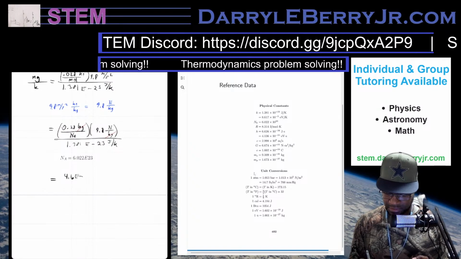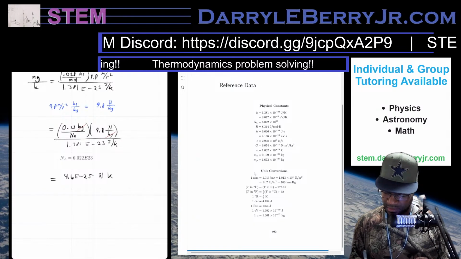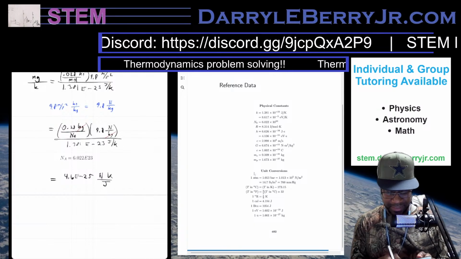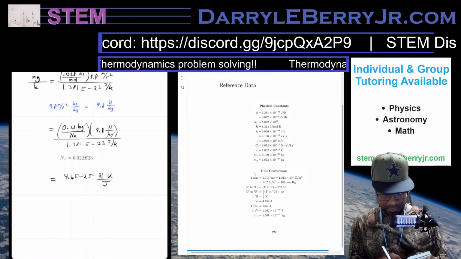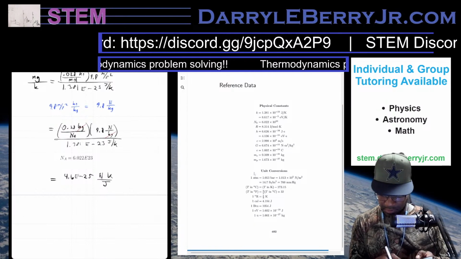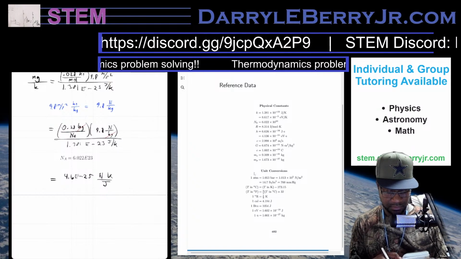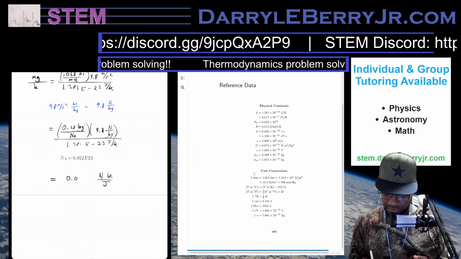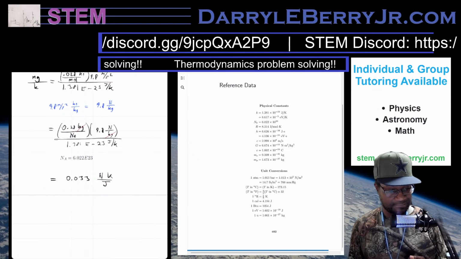That is 4.6 times 10 to the negative 25. Divide that by 1.38 times 10 to the negative 23. This becomes 0.033. And it's starting to look similar to what they had.